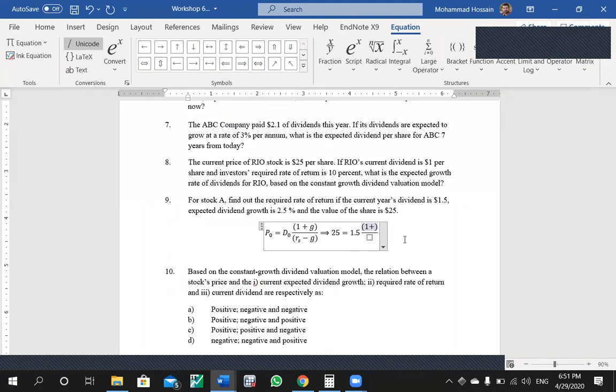The growth is 2.5%, so write down 0.025, divided by Rs minus g. I don't know Rs, that's what I'm going to find out. Rs minus g, again 0.025.